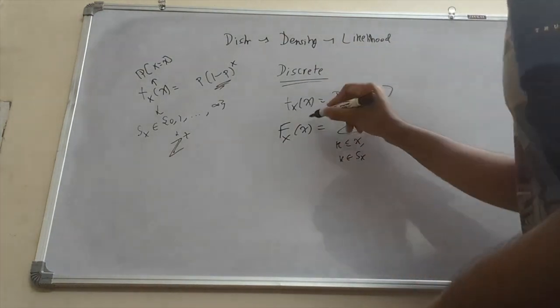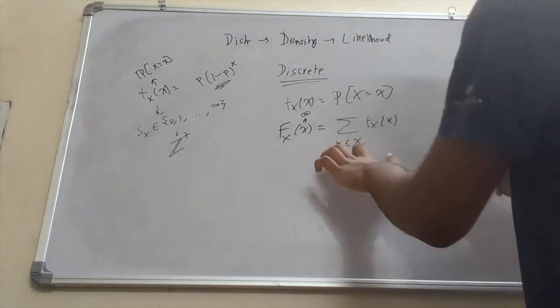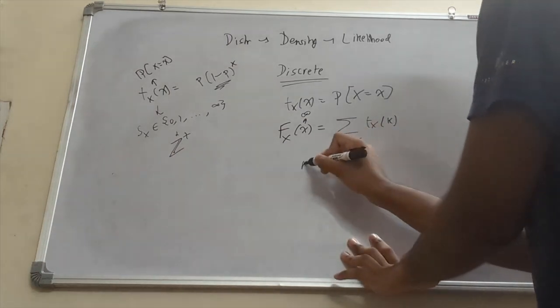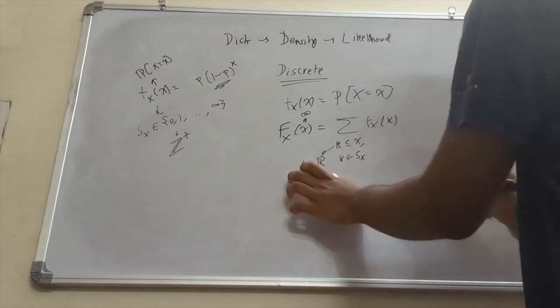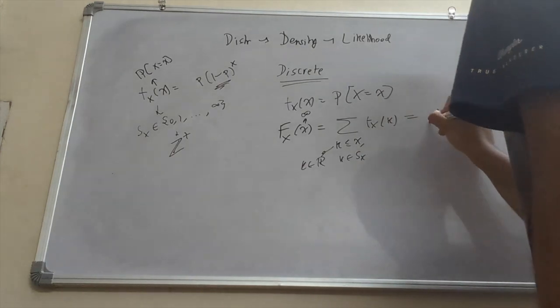And if we tend x to infinity, k less than or equal to infinity basically gives k belongs to R. So that basically gets this to 1.